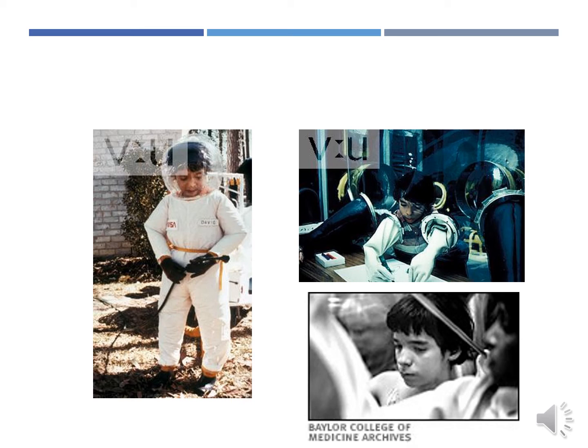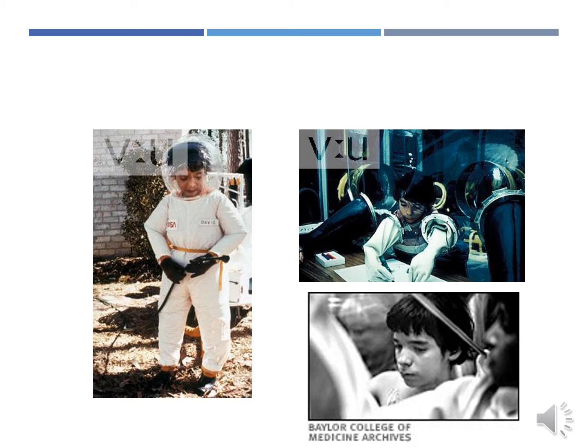So they extracted bone marrow from his sister and put it into David Vetter, and ultimately his body didn't reject the transplant, but they did not catch the Epstein-Barr virus that was hiding in his sister's bone marrow, and that ultimately developed into Burkitt's lymphoma and killed David Vetter. He was 12 years old.